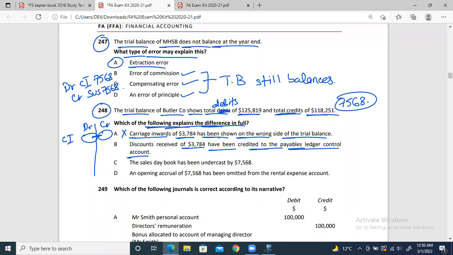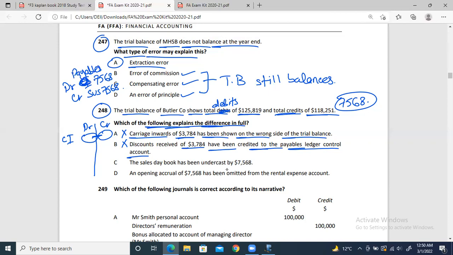We write them on the debit side, right? So again, the same mistake. So probably what we'll do is debit payables by how much? 7568. This will be the same entry by 2 times, right? By 2 times we'll debit it and credit the suspense by 2 times as well. So that means it will result in the same as option A. That's wrong as well.